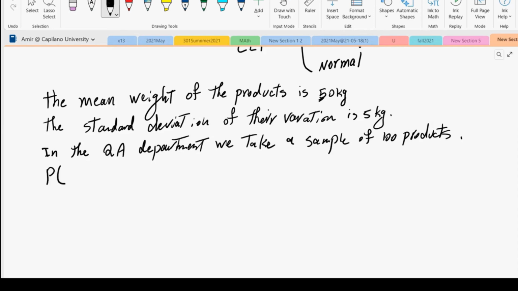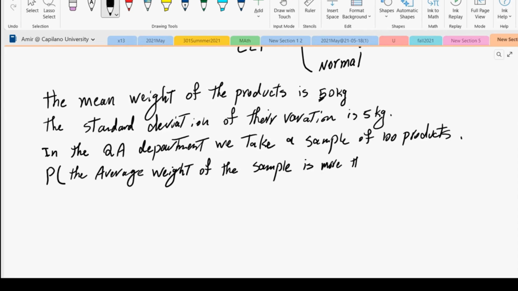What is the chance that the average weight of the sample is more than 55 kilogram?